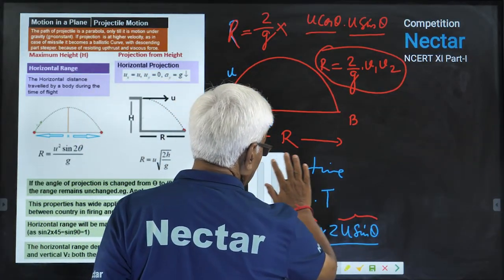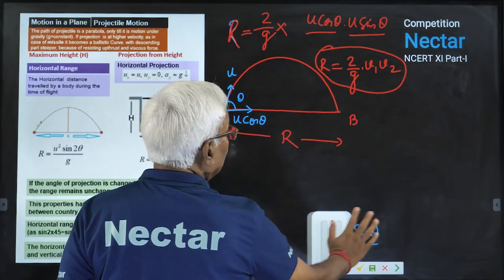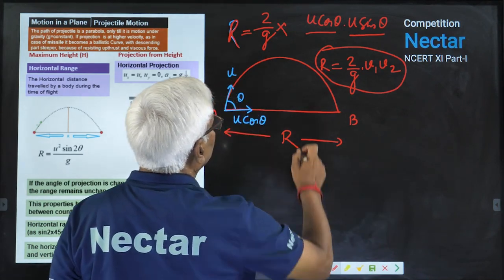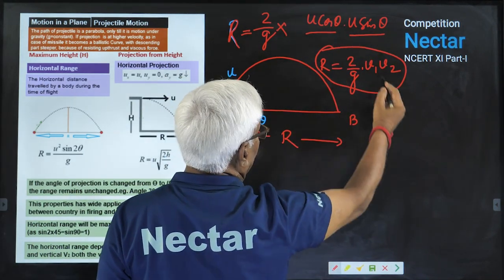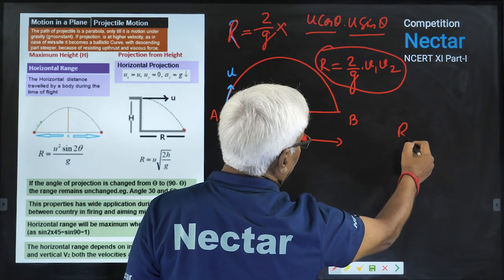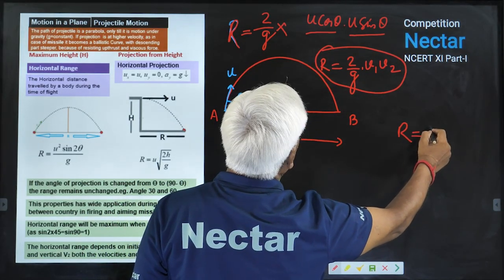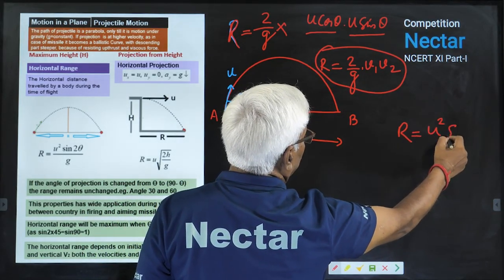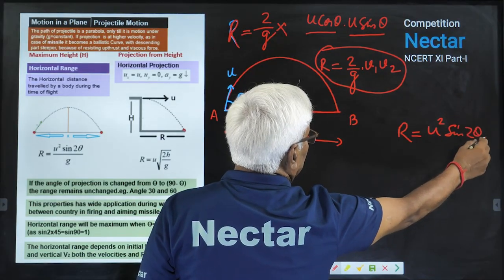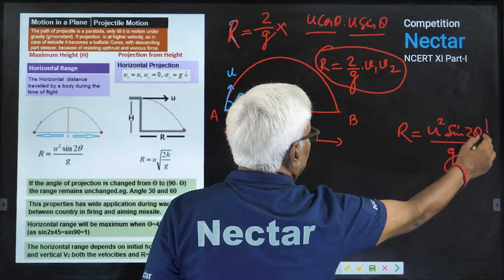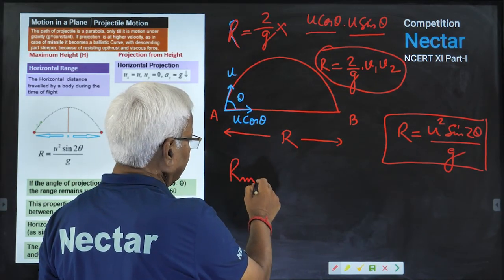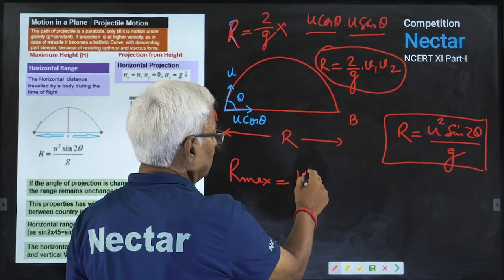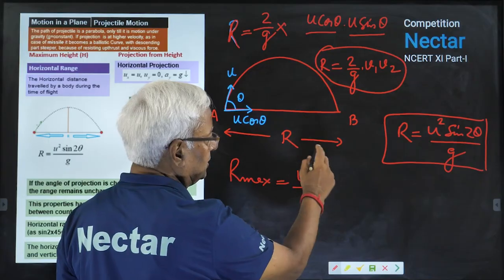One very interesting and special case is considered here because you see 2 sine theta cos theta could be written as sine 2 theta, so it becomes u squared sine 2 theta upon g. In order to find the maximum range, you are not going to change u and g.